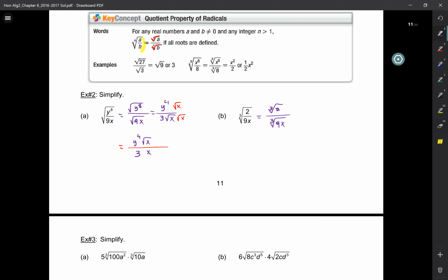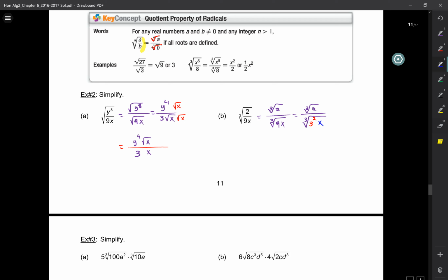Now, if it's a cube root, in order for numbers to come out of there, you need a total of how many of each? 3 of each. So let's rewrite this. This is cube root of 2. And in the bottom, I have cube root of, now what's 9 in terms of its simplest base? It's 3 to the power of 2. And I have an x in there.